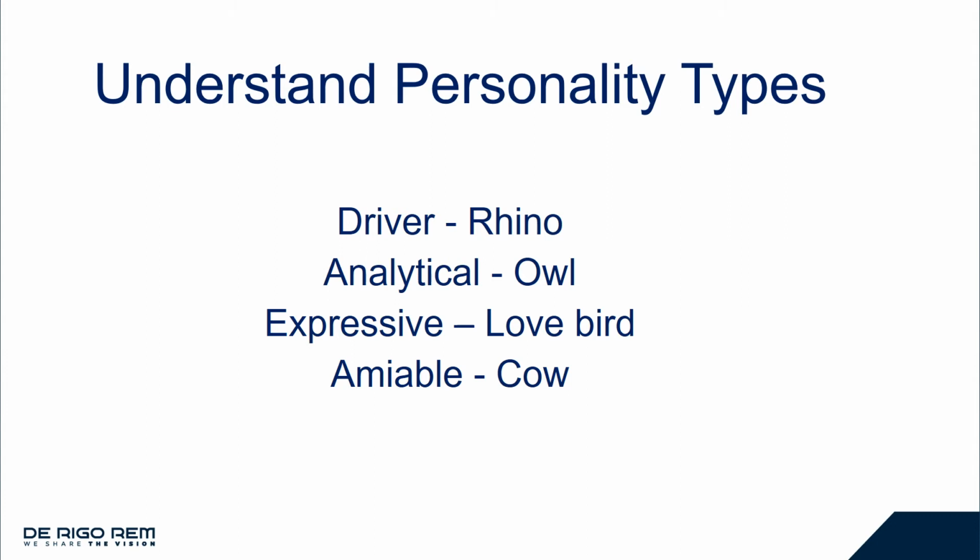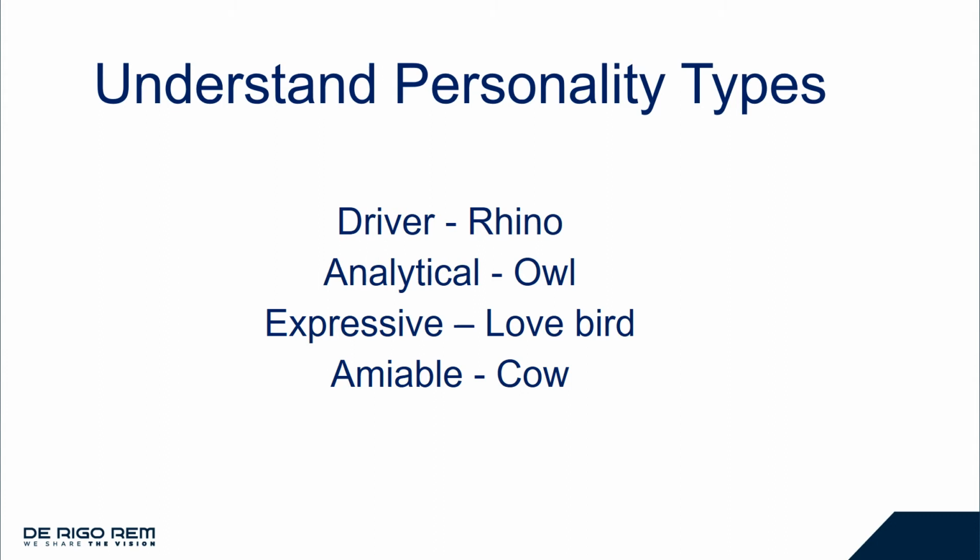So we spoke about different types of definitions of personality, and as you take learning tests about personality type, you may also learn about other types of descriptions, one of which is drivers, or in the equivalent of an animal is Rhino. Another personality is analytical, or in an animal type of situation is the owl.